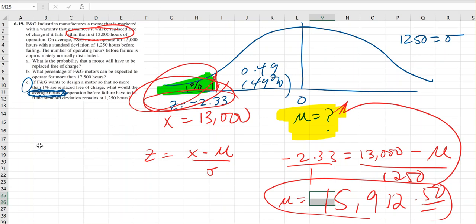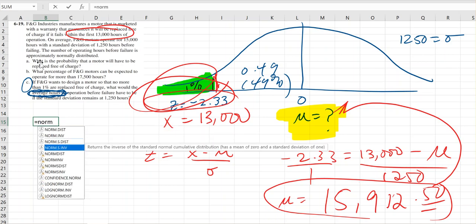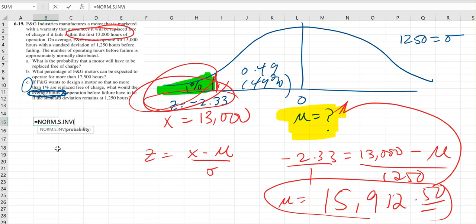To use Excel, this is what we do. So we're looking for the standardized z-score that matches up with 13,000. So we type equals NORM.S.INV. So we click on that. We see that it's asking you to enter the probability.